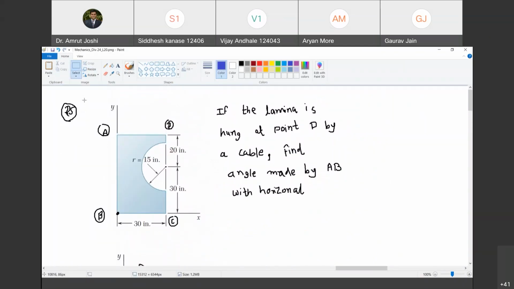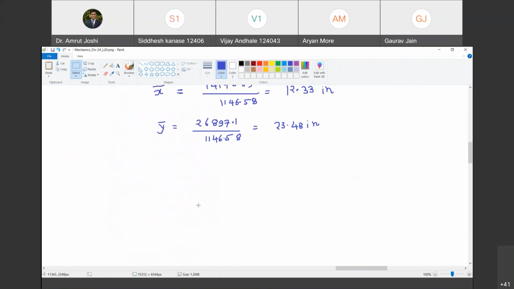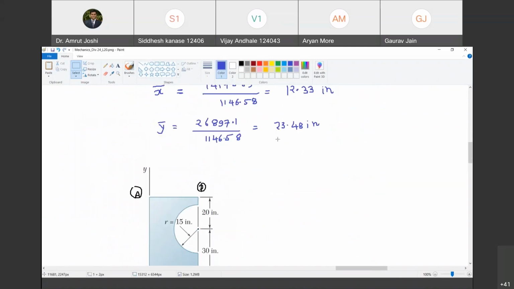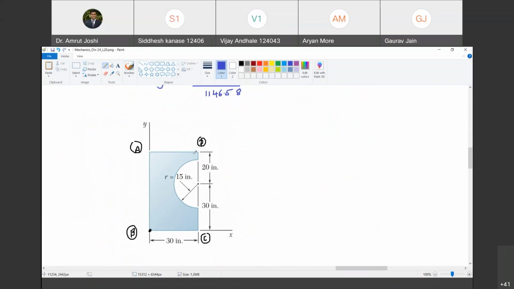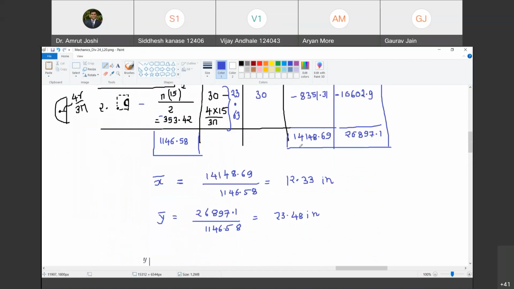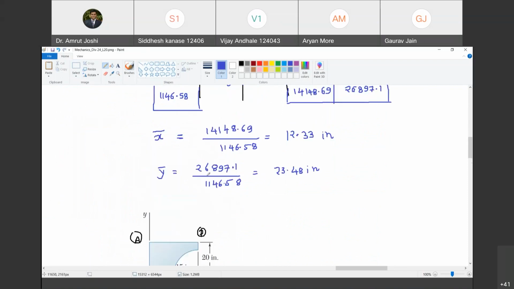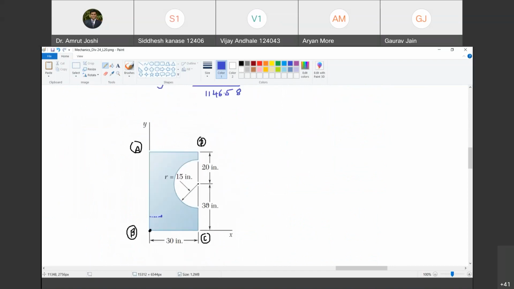Are you with me? Yes, sir. So let us do that. Where is it located? X bar is 12.33. As there is a hole here, the centroid has shifted towards the left in comparison with the centroid of the rectangle. So it is at distance 12.33, somewhere here. And what is the y distance? 23.48. So therefore it is somewhere here.